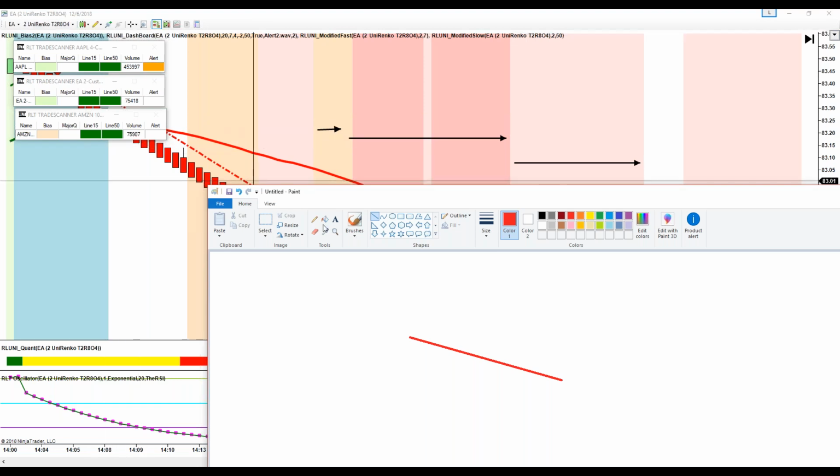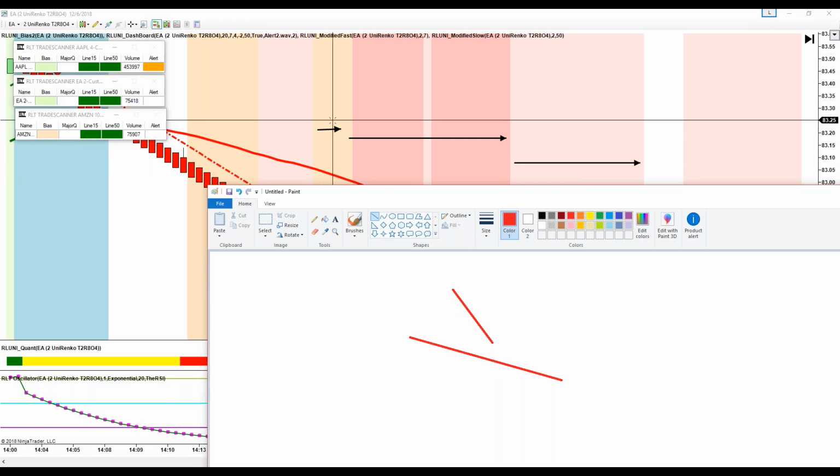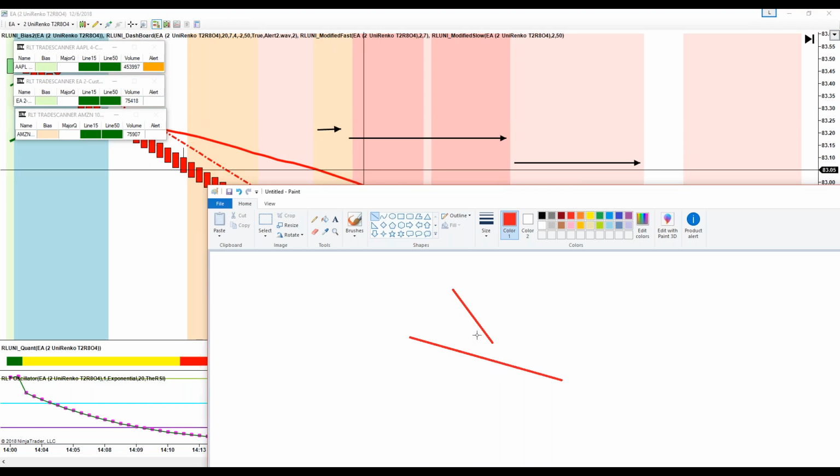Now, on the 2 higher time frames, if the 15 is heading down but hasn't crossed the 50, you get this bisque color. And you can see how this is a riskier trade, because it's a major event when that 15 crosses the 50 to the downside. When it's still above, there's a lot of additional associated risk.